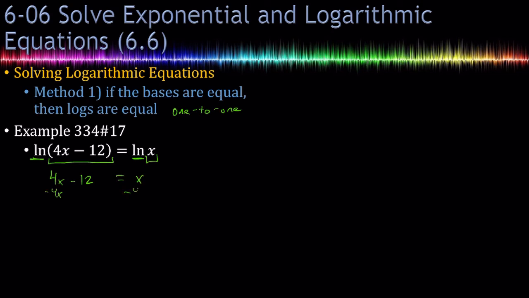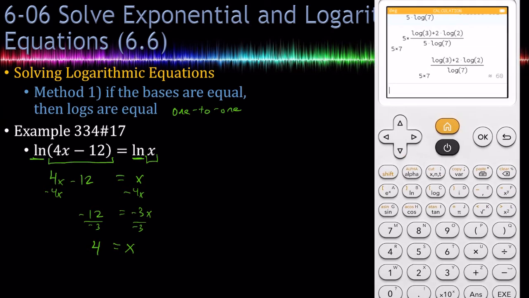Get the x's together. Divide by the -3, and you have 4 equals x. Of course, we should check that. So if I go ln 4 times x was 4, minus 12.